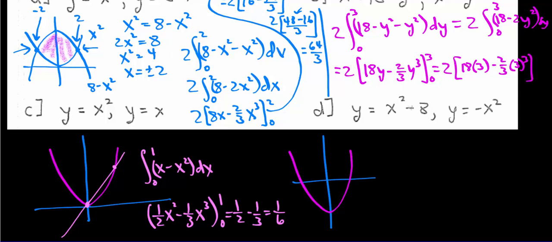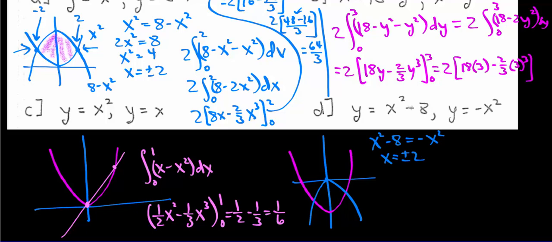And then we've got the negative x squared, so that one goes like that. Now this one is going to intersect. So we've got x squared minus 8 equals negative x squared. So that's going to be x equals plus or minus 2.